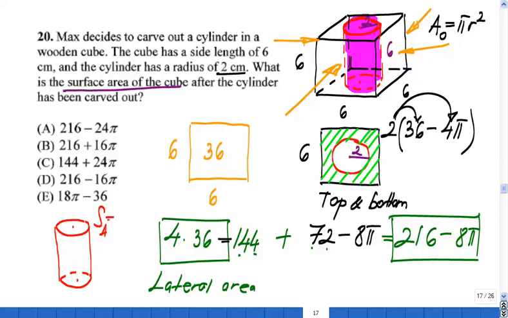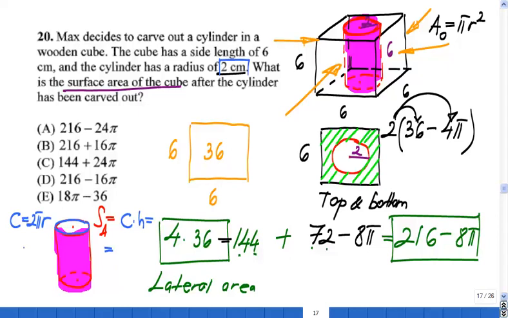I need to find the surface area of this cylinder. And as you guys notice here, this is going to be equal to the circumference of the base times the height of the cylinder, right? So I will have the circumference times height. But the circumference of this cylinder, like for any other circle, will be 2 pi r.